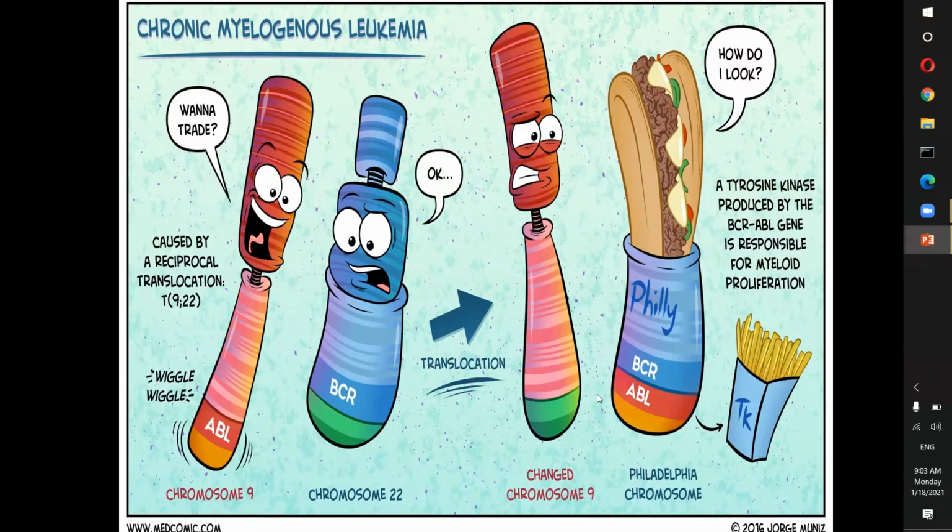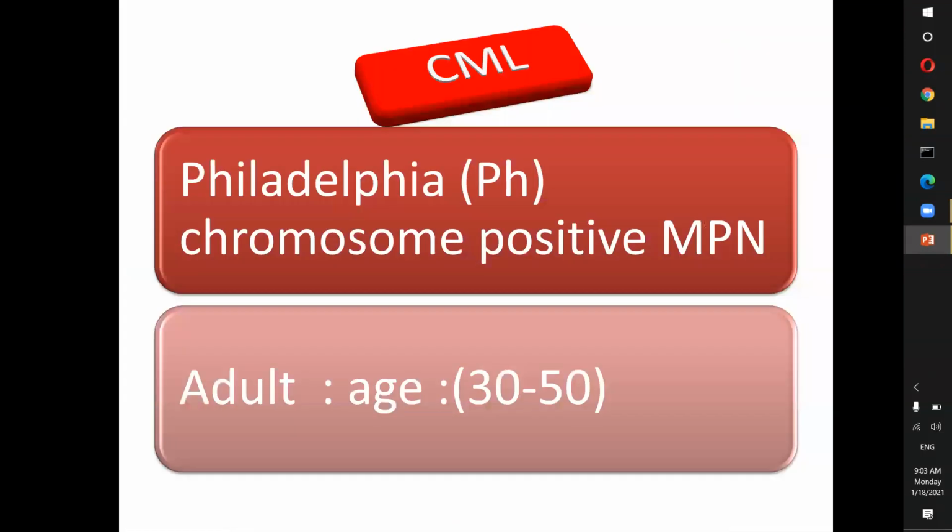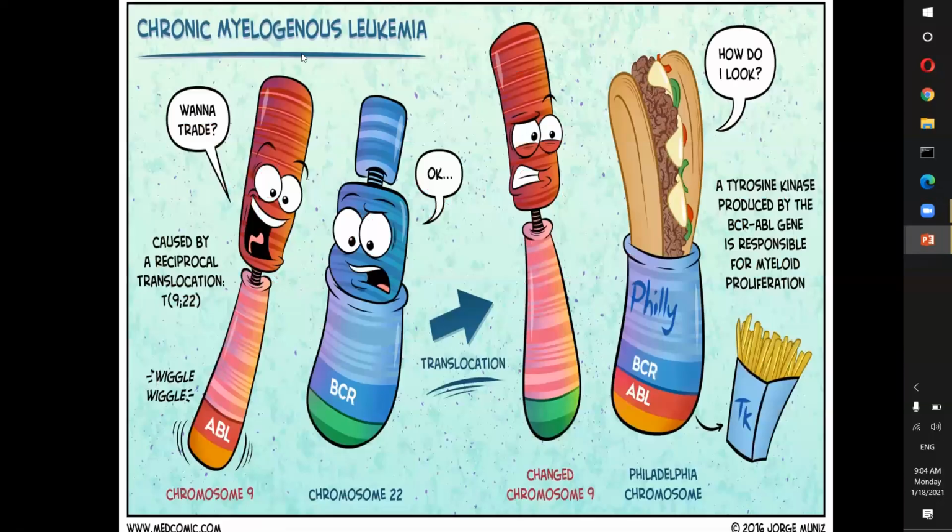CML is a Philadelphia positive myeloproliferative neoplasm. What is a Philadelphia chromosome? It is a translocation of 9;22, resulting in a special gene called the BCR-ABL gene. And this gene will later be treated by a BCR-ABL inhibitor.